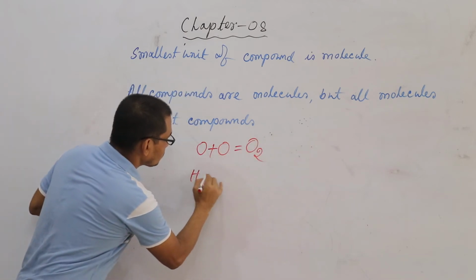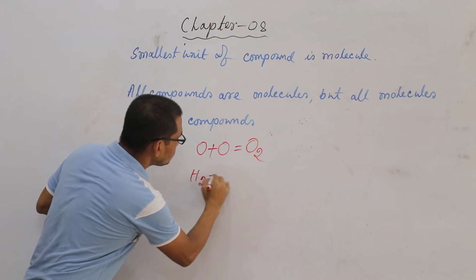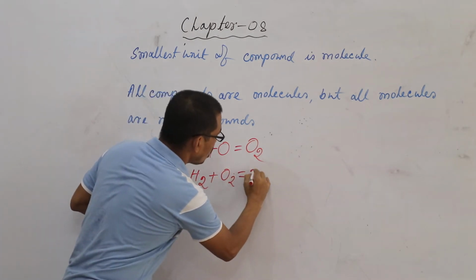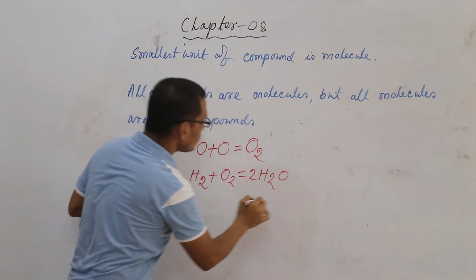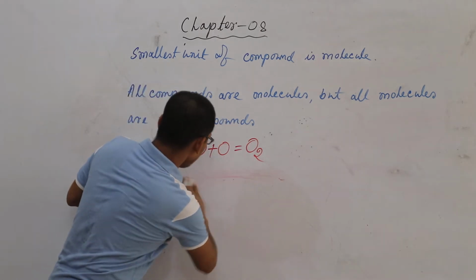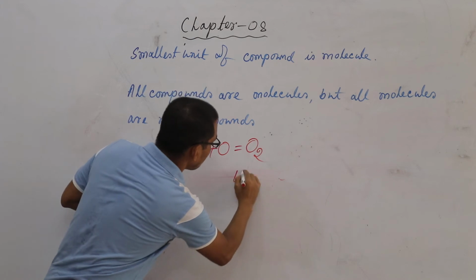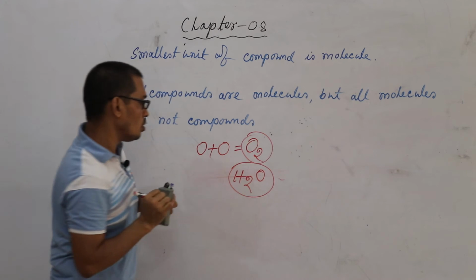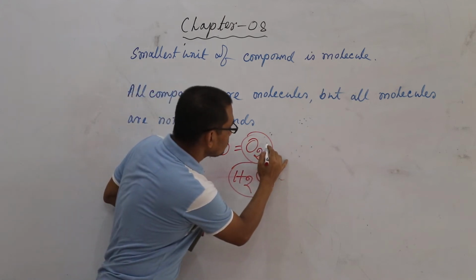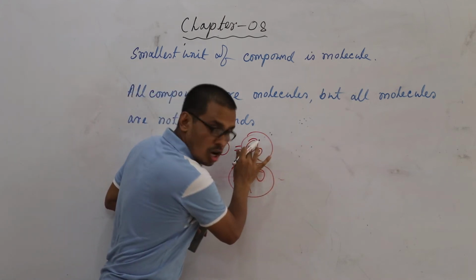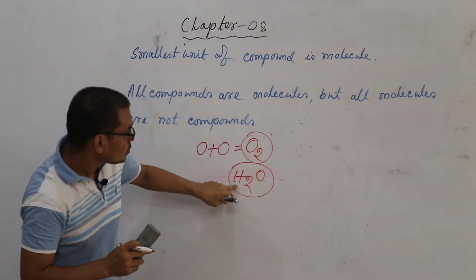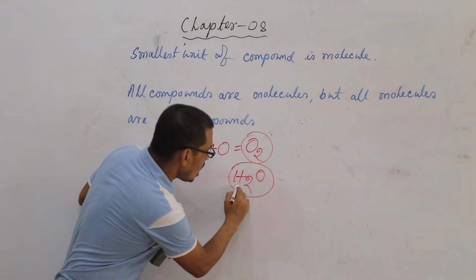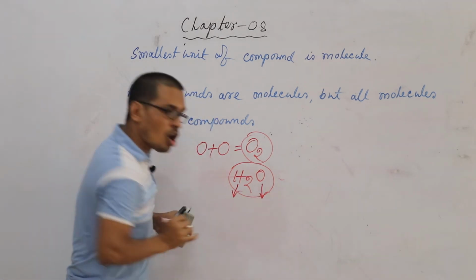Now a hydrogen atom and an oxygen atom form H2O, water. It's a molecule. In that case, the 2 oxygen atoms are the same, but here there are 2 different atoms, 2 different elements, one hydrogen, another oxygen.